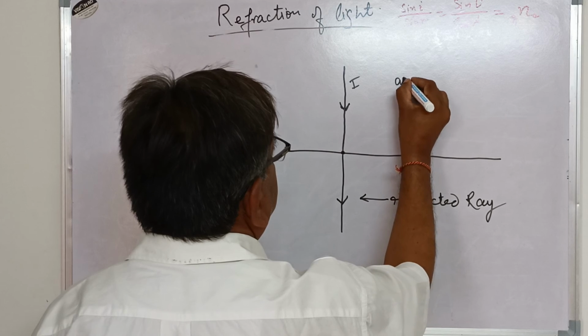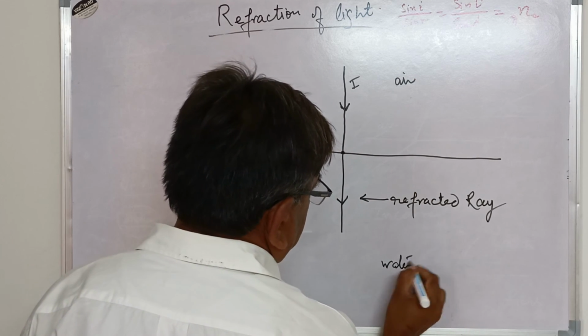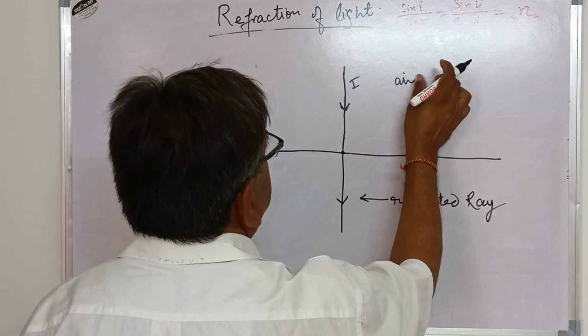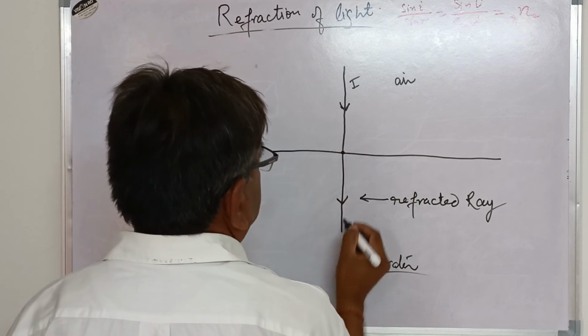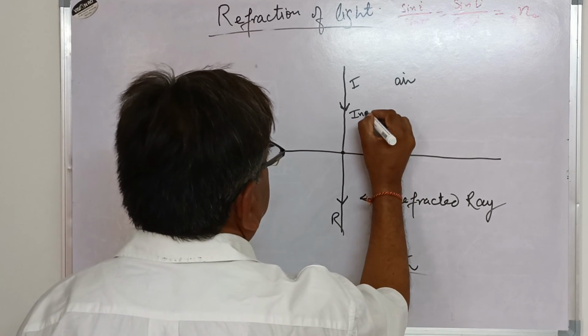This is air and this is water. So this is I, this is R.